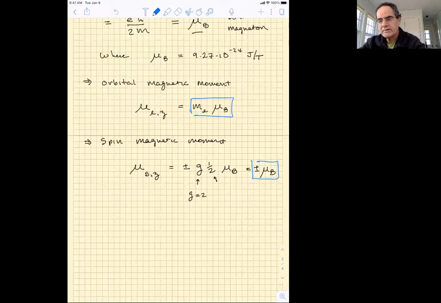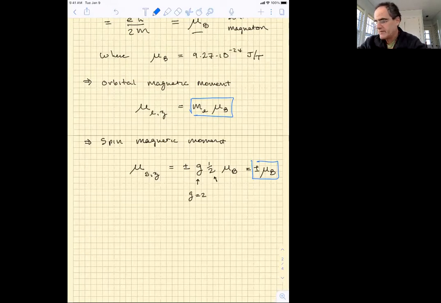Both orbital motion and spin angular momentum can contribute to magnetism in atoms. In fact, both of these can exist, and they're typically coupled together. In molecules, often the magnetic moment of a molecule will be just determined by the spin angular momentum, because often electrons arrange themselves so that their total orbital angular momentum cancels out.